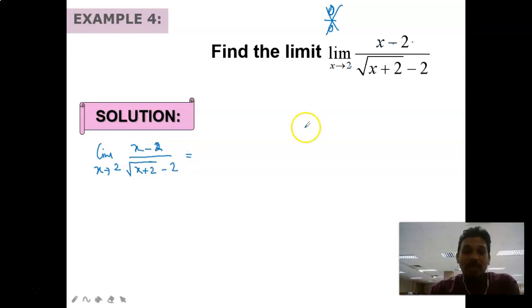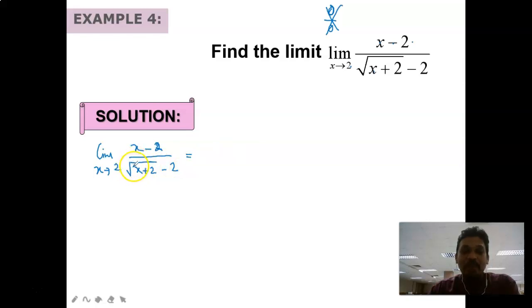Okay, class, for this question, we are going to multiply this function by the conjugate of the denominator. In this case, the purpose of multiplying by the conjugate is not to eliminate the square root sign.